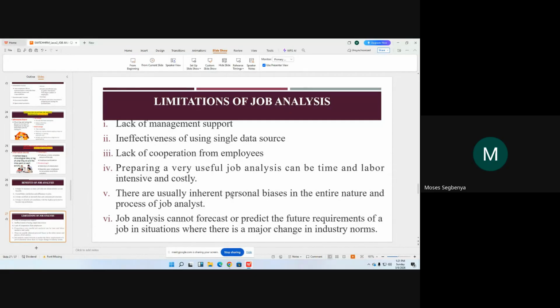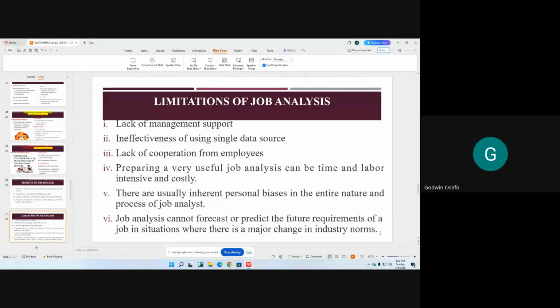Okay. So you are referring to this point? Job analysis and its predictive purposes. Yes, the job analysis cannot forecast or predict the future requirements of a job in a situation where there is a major change in the industry norms. So it's based on the fact that if there are changes in the industry norms, the job analysis will be very limited.